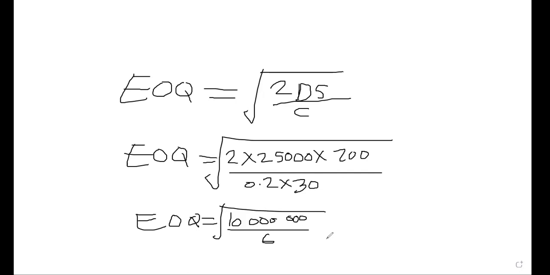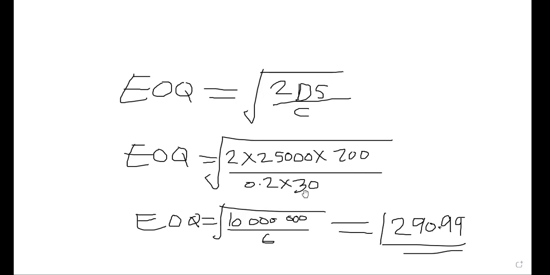So meaning that we have EOQ equal to 1290.99. Okay, so looking at this, the first formula is very, very important. The first one, it was in inventory management.